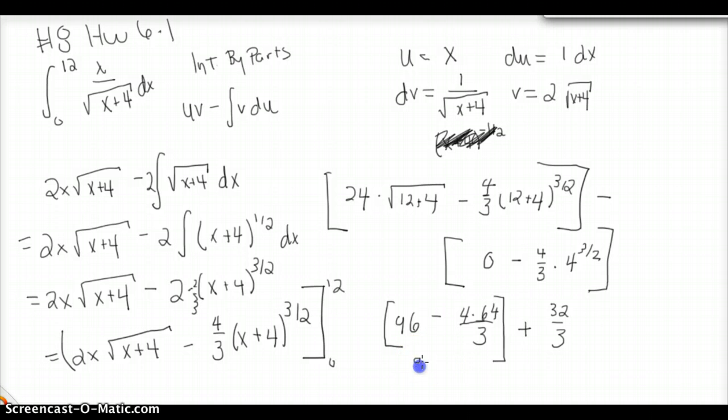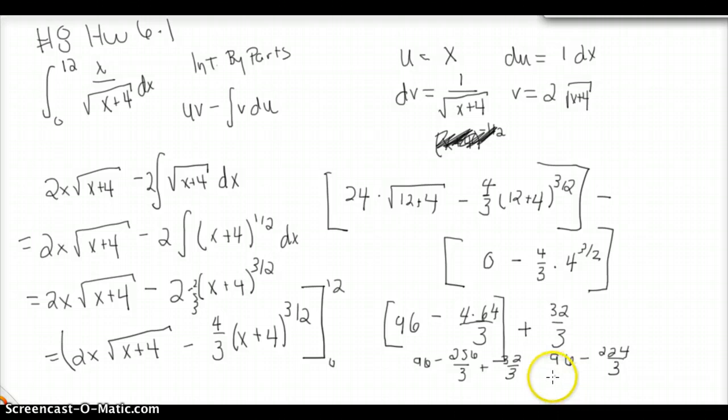So we have 96 minus 256 thirds plus 32 thirds. Okay, and that's 96 minus 256 minus 32, which is 224 thirds.